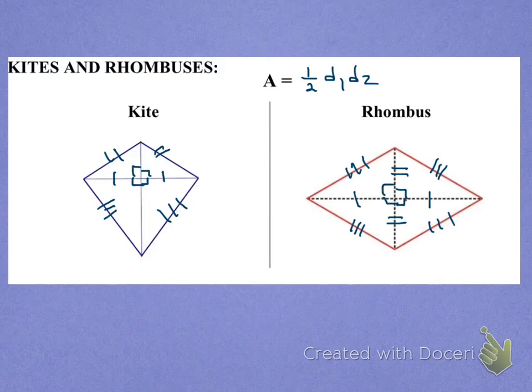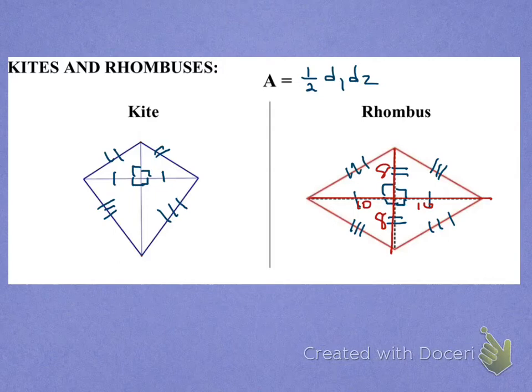So let's just say we have a side length 8, okay, and a side length of 10. Well, in this diagonal, of course, I know it's split in half, so if that's 10, then the right side's also 10. And this diagonal is also split in half, so if the top's 8, then the bottom's 8.